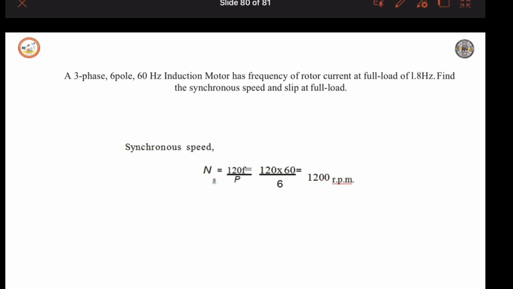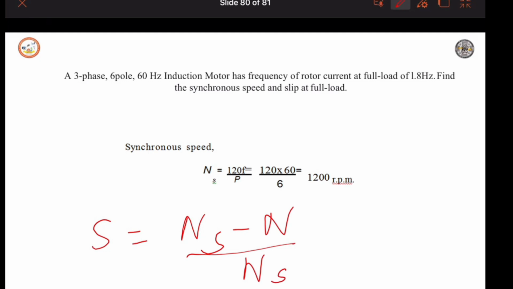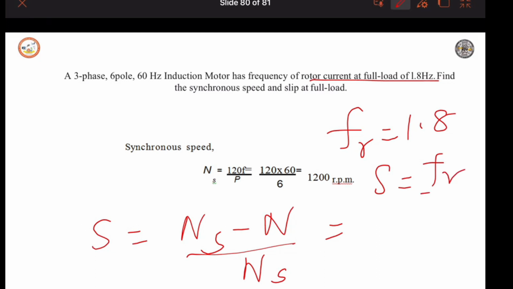What is the slip now at full load? S is equal to Ns minus N by Ns. We have the rotor current frequency at full load of 1.8 Hertz, so Fr is equal to 1.8. S can be calculated as S is equal to Fr by F, so S is equal to 1.8 divided by 60.